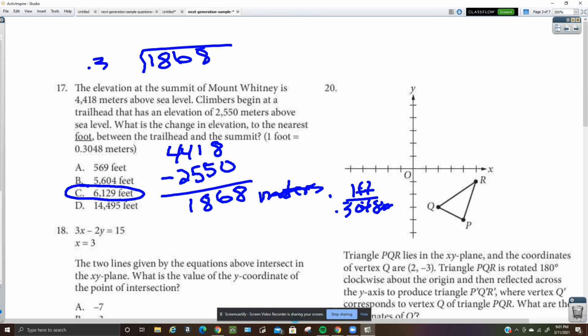So 0.3048. You move that 4 and then 1. So if I make this a 6 there, 8 carry 4, 8 carry 2, and 18.